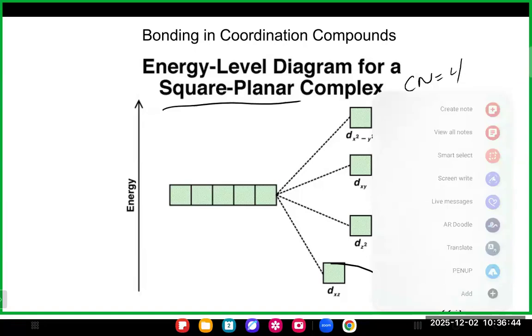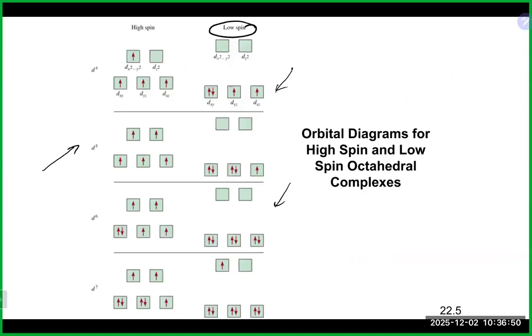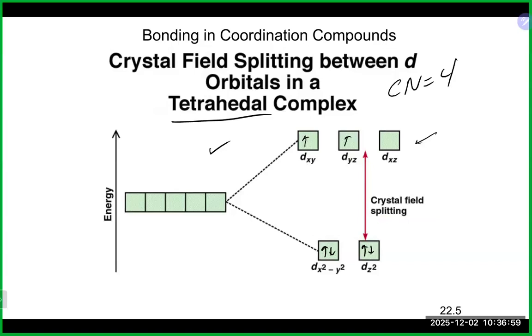But you will be responsible for this one, tetrahedral splitting, which is basically just the opposite of the octahedral splitting. So you'll need to know the octahedral and basically the opposite of it, which is for square planar. I'm sorry, tetrahedral. Basically the opposite splitting that happens there.